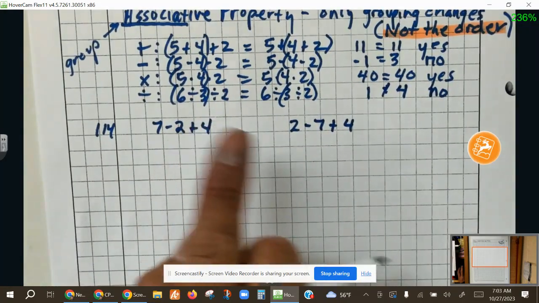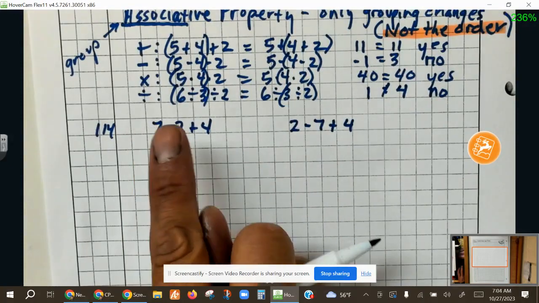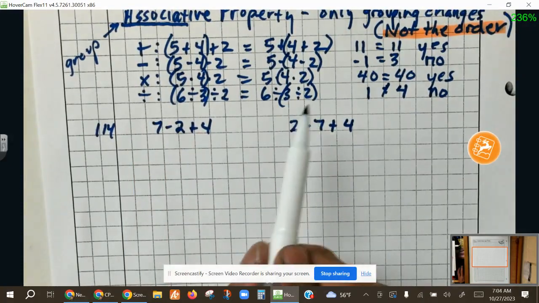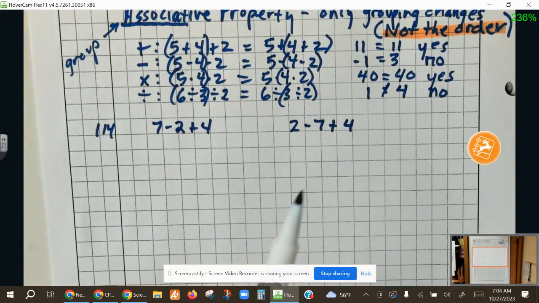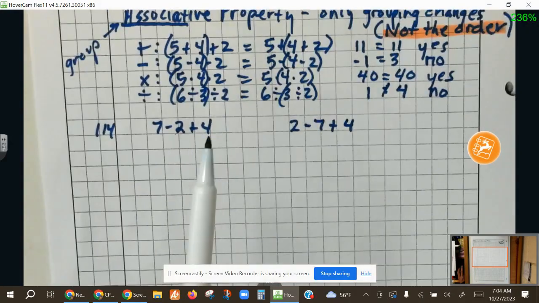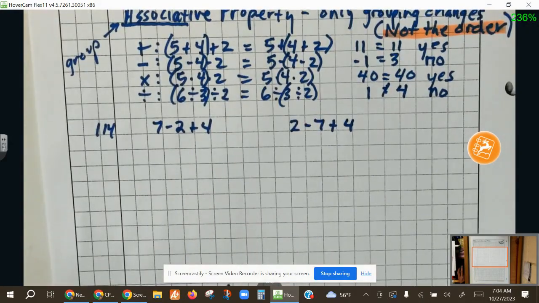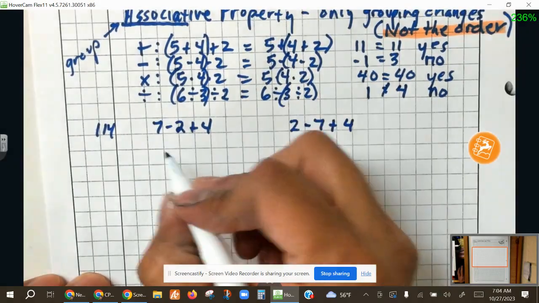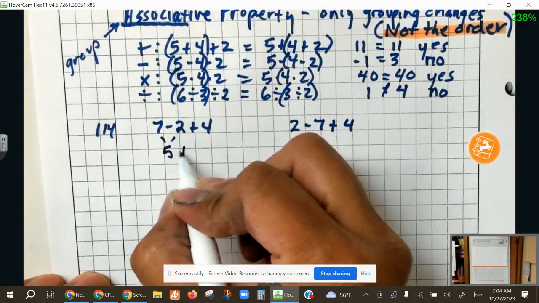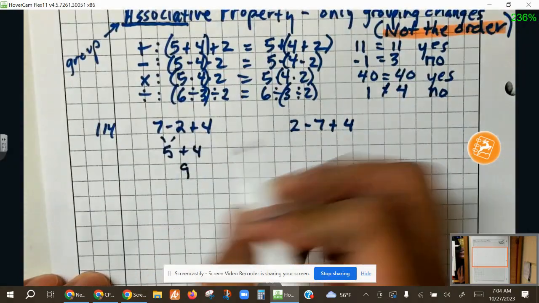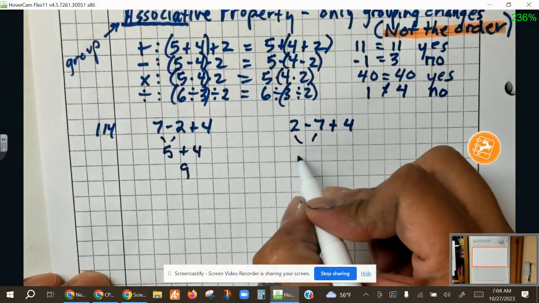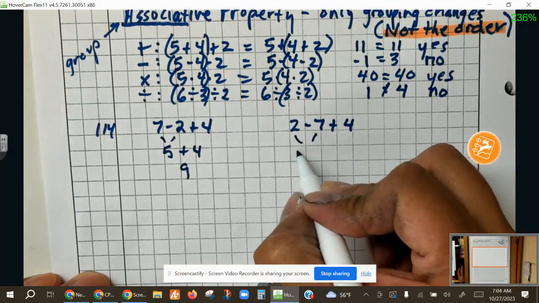Okay, so we know that we're changing the order, but still this is subtraction and addition. So we would go left to right, because order of operations says we use the left to right rule. So 7 minus 2 is 5. 5 plus 4 is 9. 2 minus 7 is negative 5.